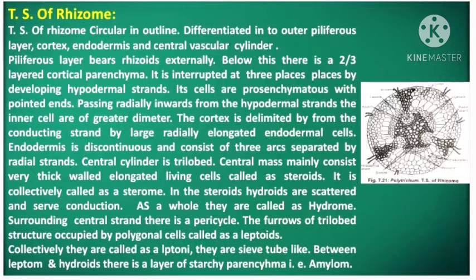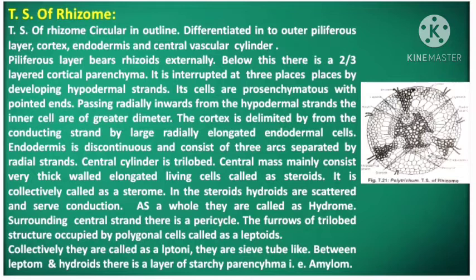The section of the rhizome from periphery to center shows the outermost epidermis. Outside the epidermis, there is a piliferous layer that always gets peeled off. Rhizoids are present. Below the epidermis, at three places, there are sclerenchymatous radial strands, and at other places there is a parenchymatous cortex.